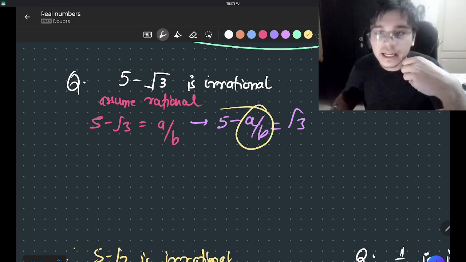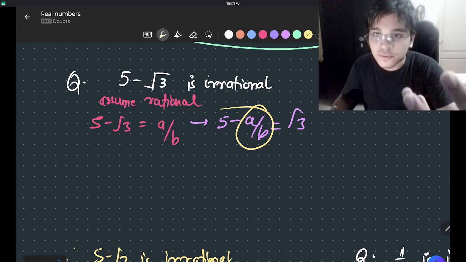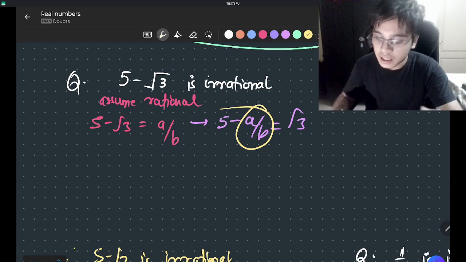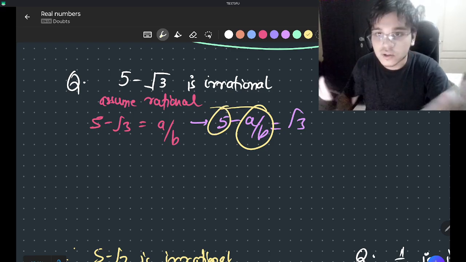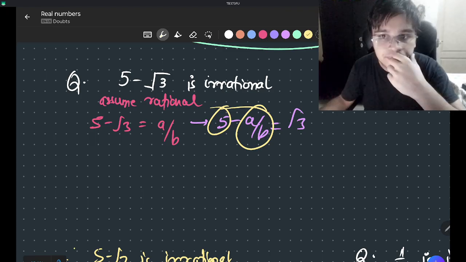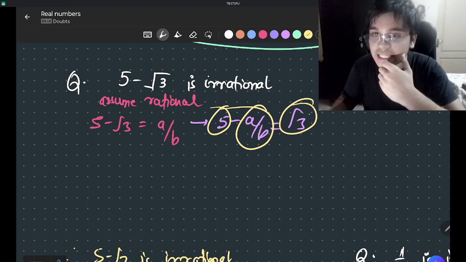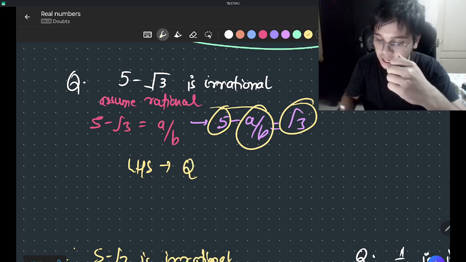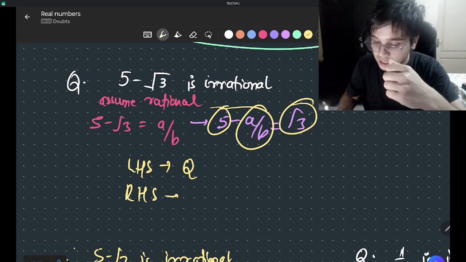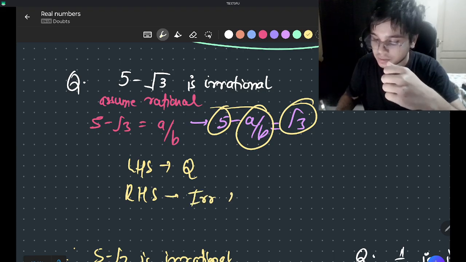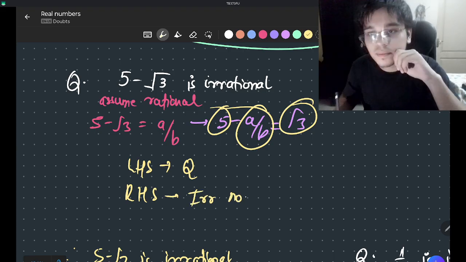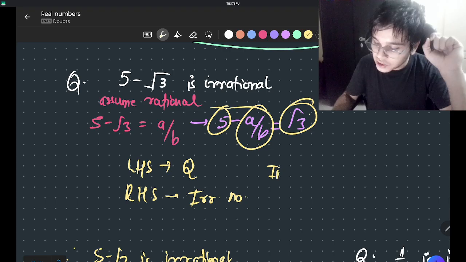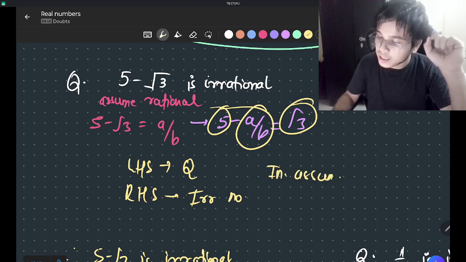Since a by b is literally written in the form of p by q, which means it's a rational number, and 5 is a rational number, so the difference will also be a rational number. And you can see, so LHS is a rational number, and RHS is an irrational number. So our initial assumption is wrong.